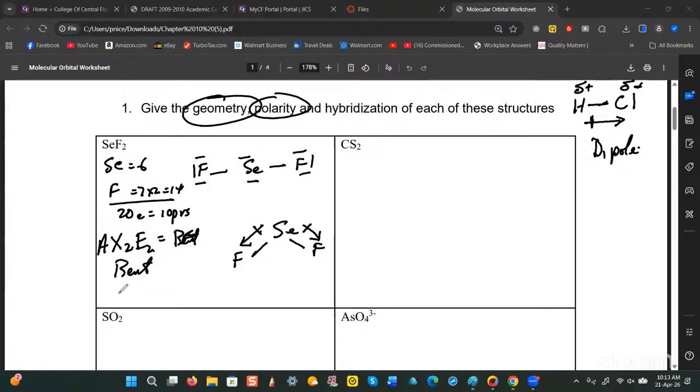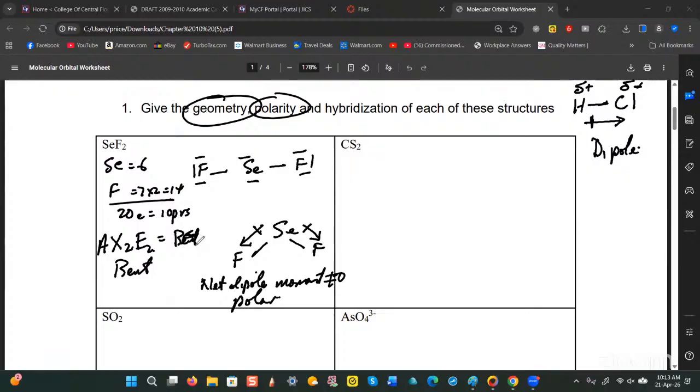So the molecule would be polar because the net dipole moment is a non-zero value. So this would be polar, because the dipoles don't cancel out each other.